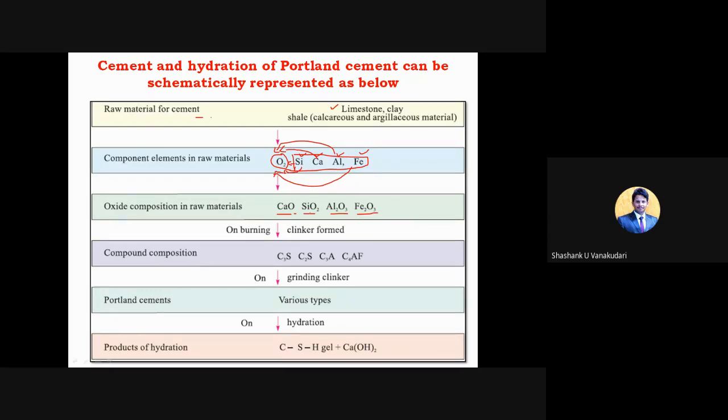Once we burn these four chemicals, it forms clinker. The burning process is done in the rotary kiln, where you provide around 1300 to 1500 degrees Celsius of heat. Once you provide heat, these chemicals form clinkers at the end of the rotary kiln.